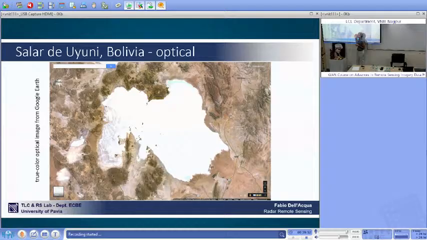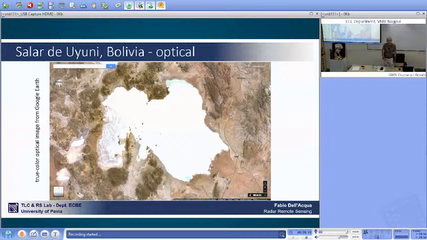Particularly it's a dried up salt lake in South America. I think it's pretty well known among those who study these phenomena. It's the Salar de Uyuni, which is a salt surface. Basically, the water has gone, and you only have salt there.